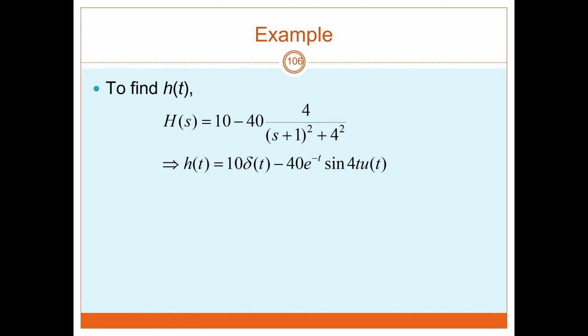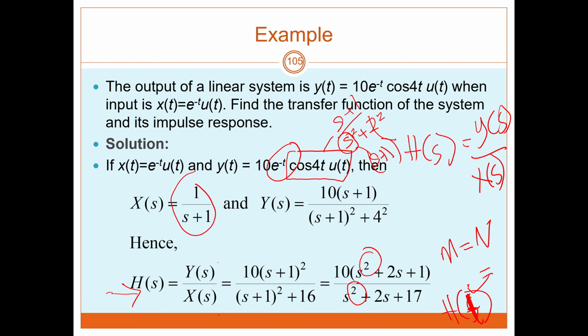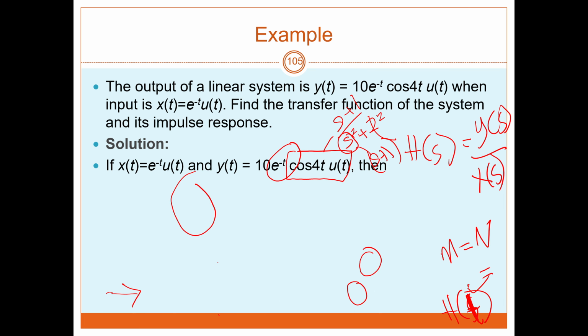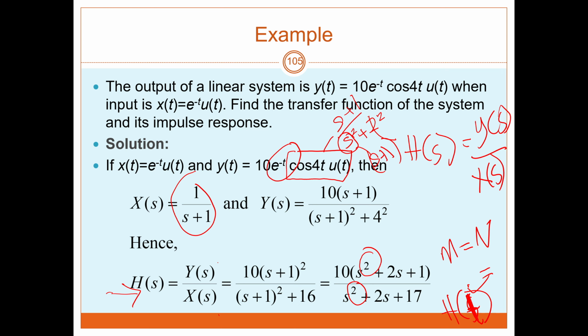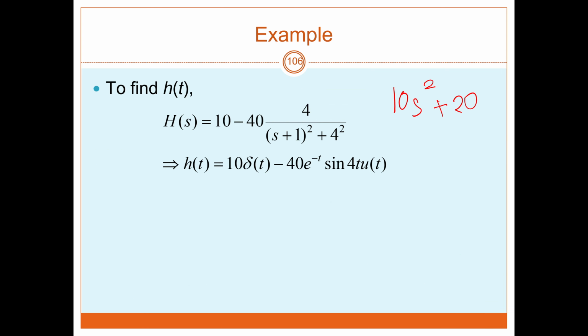We have to divide 10 s squared plus 20 s plus 20, divided by the denominator, which is s squared plus 2s plus 17.